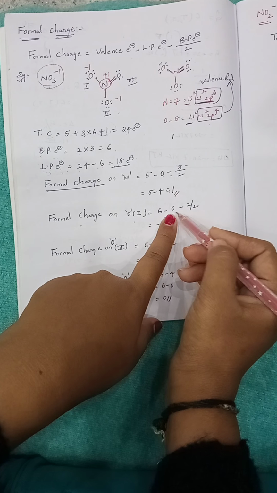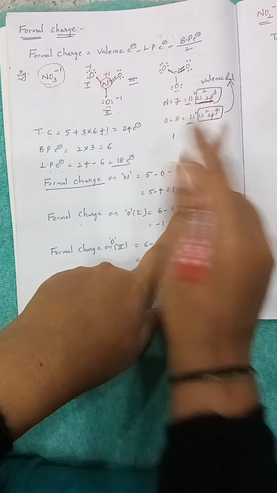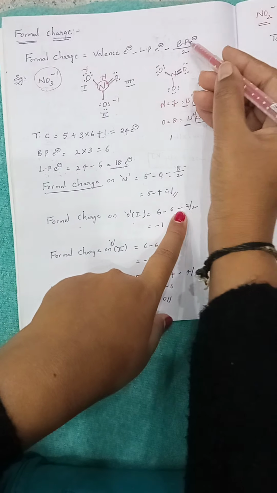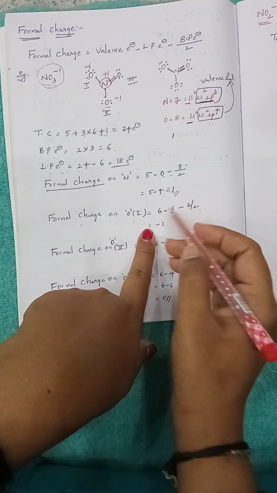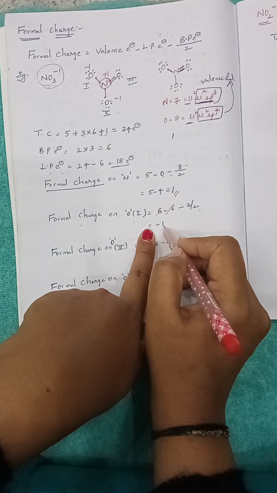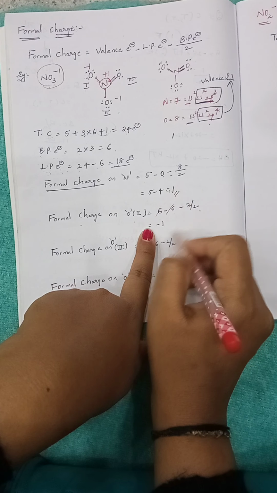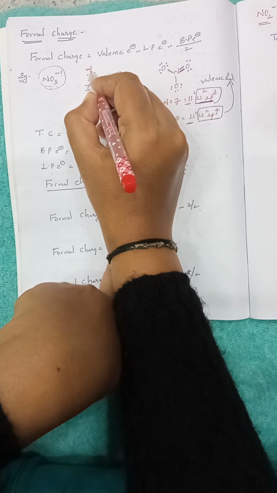Lone pair electrons are 6. Minus bond pairs. Only 1 bond is present, that means 2 electrons, 2 by 2. Bond pair electrons by 2, that is 2 by 2. Okay, then minus 6 plus 6 cancel. Minus 2 by 2 value is -1. Then the charge of first oxygen is -1.